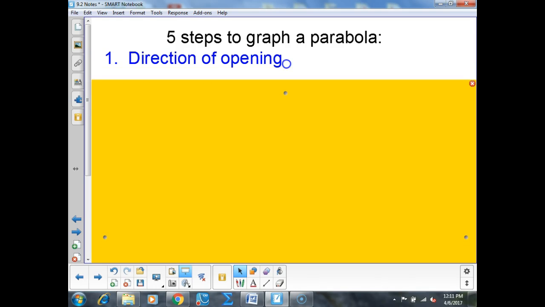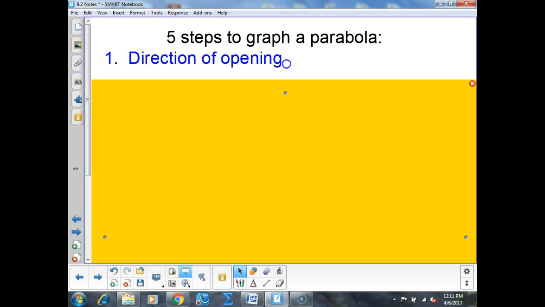What's the second thing we have to look at? On the non-squared side. Because we can't just say positive or negative on the x, because sometimes the x might be the squared side.